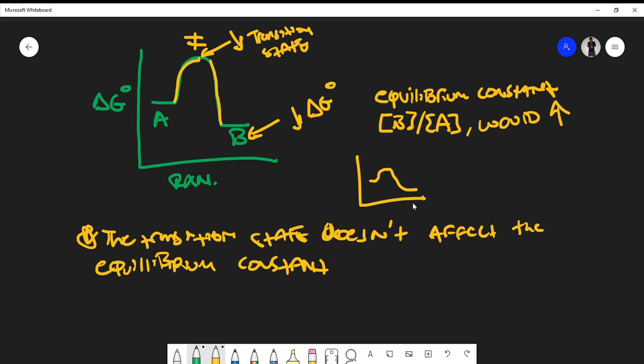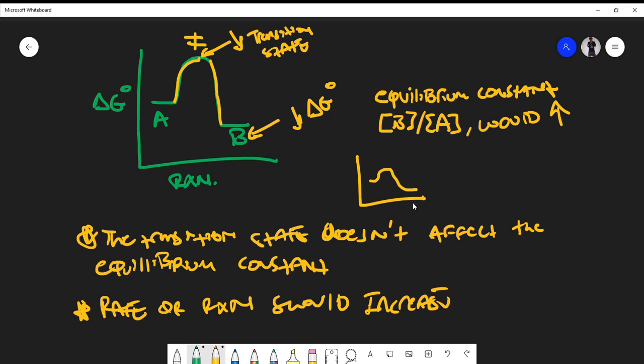Now, the opposite should be true. If you increase the transition state, you should expect the overall rate of the reaction to decrease. So if we lower the transition state, the overall rate of the reaction should increase. And these are the basics that you guys must know for an energy reaction diagram.